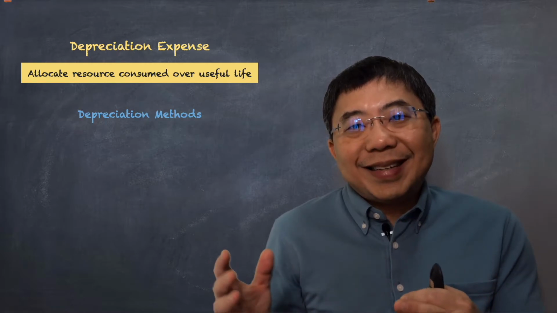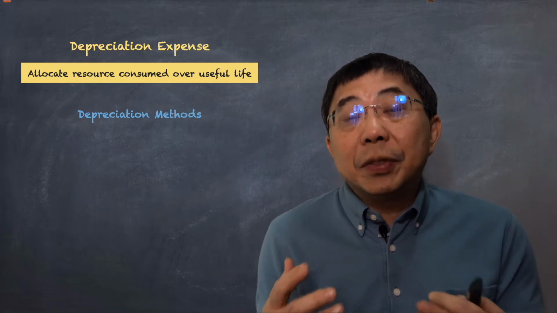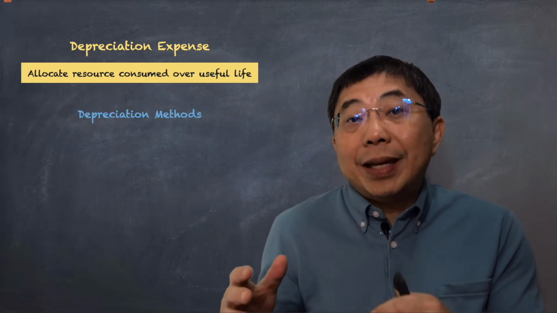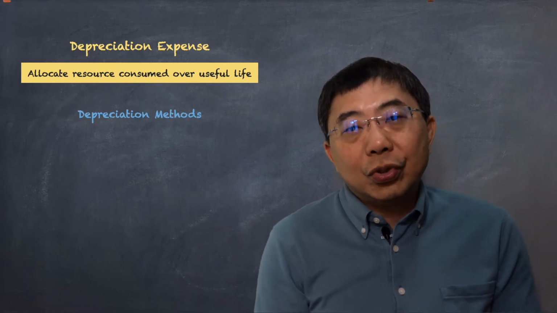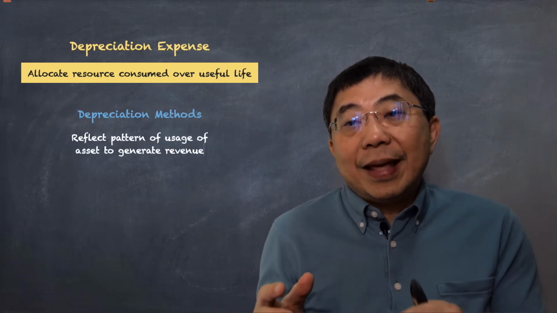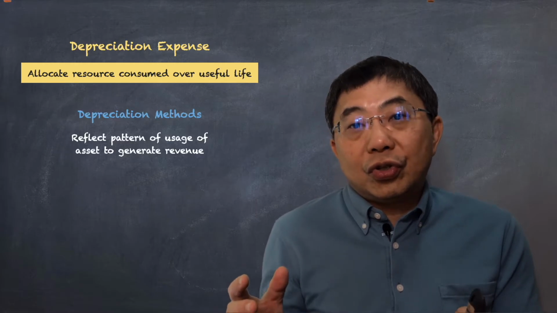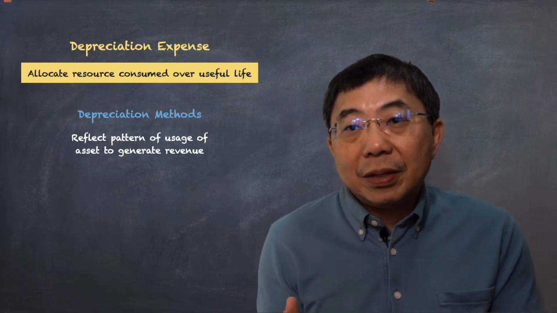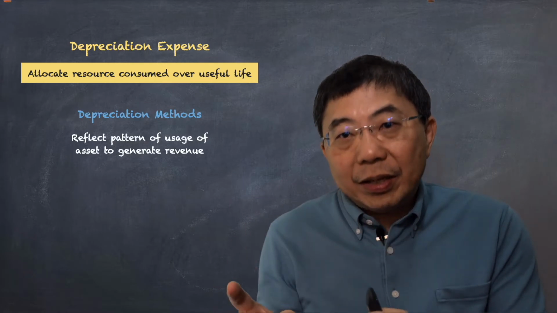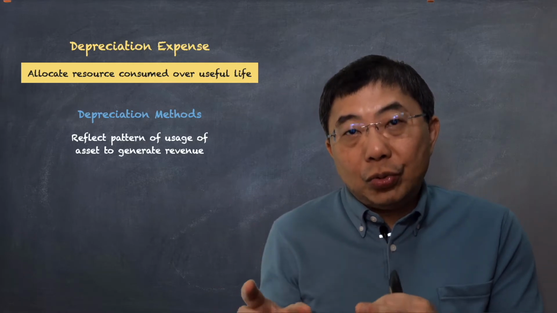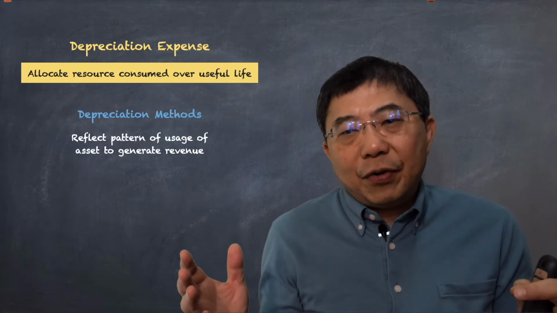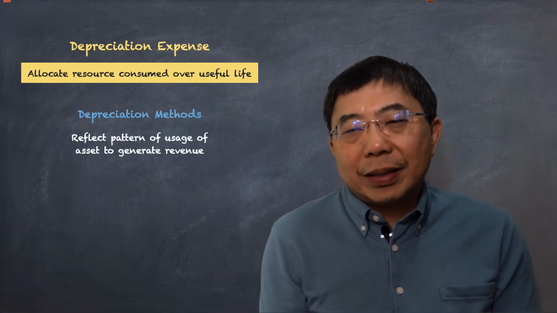Instead, the standards provide a principle that should be adopted when deciding on an appropriate method to use. This principle states that the business should use a depreciation method that best reflects how the particular asset will be used to generate revenues. Now, there are many different methods being used in practice.